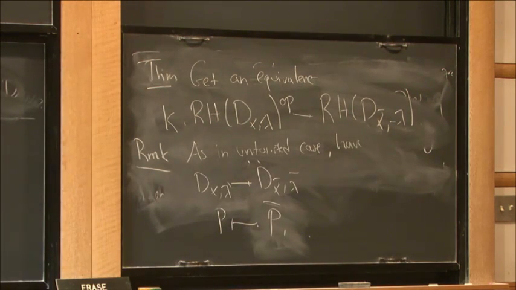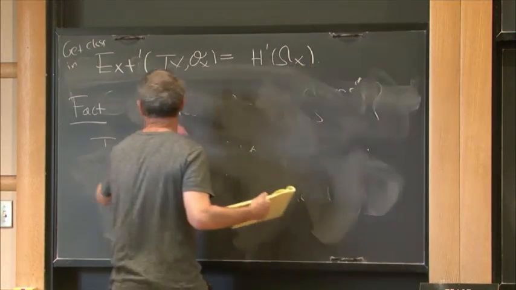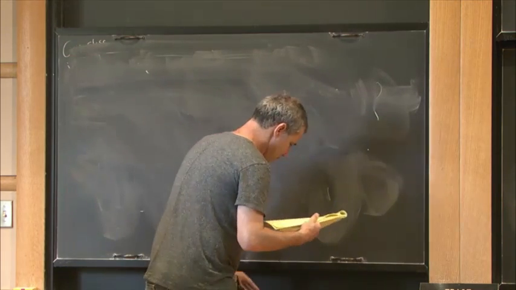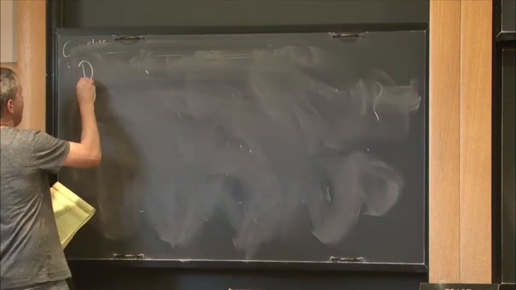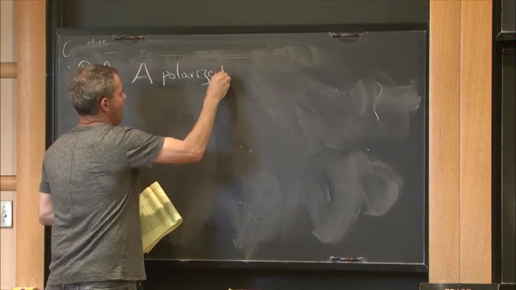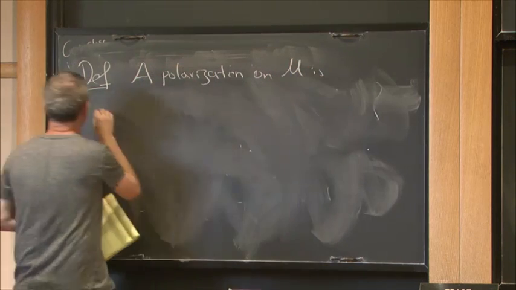Let's call a module polarized if there's an isomorphism between M-bar and K of M.